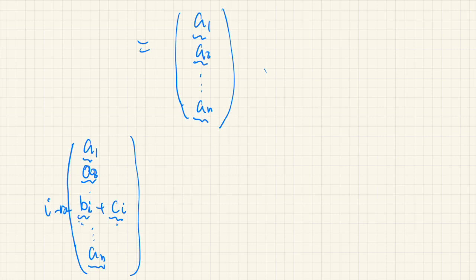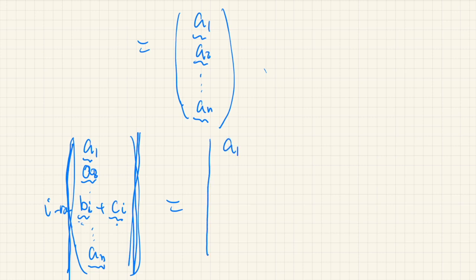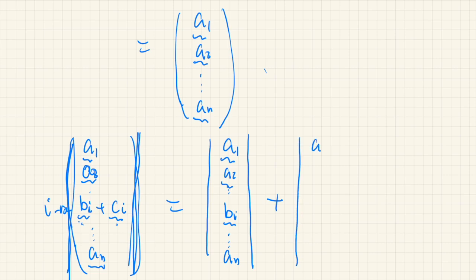In this case, the determinant of this matrix is the sum of determinants: the determinant of the matrix with a1, and so on, bi, and so on, an, and the determinant of the matrix with ci in the ith row.